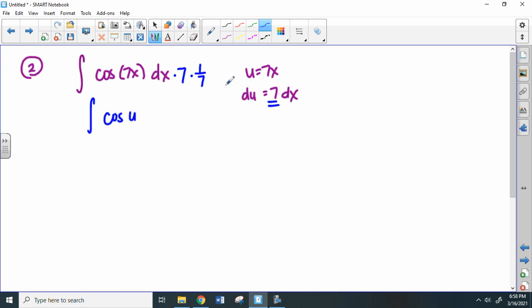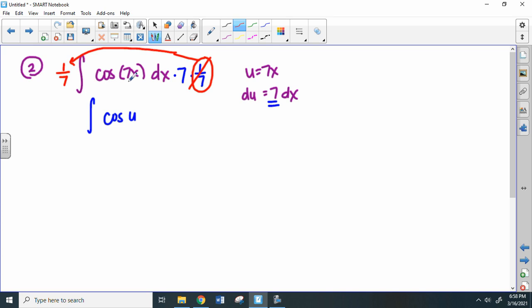And then I don't actually need the reciprocal in the integral, and because it's just a coefficient, I am going to factor it out to the front.